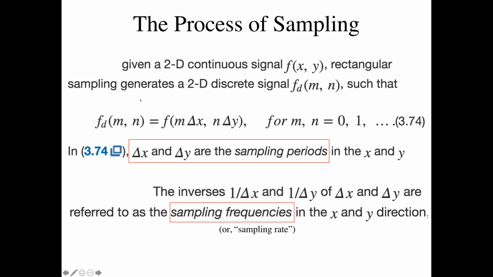We can do that quite easily just by plugging into f(x,y) values of x and values of y that are essentially discrete steps in delta x and discrete steps in delta y. So for each m and each n, I just evaluate what x is and what y is, sample the function at that, and that becomes my discrete estimate of the function. Very simple. And these are called the sampling periods. The inverse of these sampling periods gets two names, and I'll probably use them interchangeably: the sampling frequency or the sampling rate.